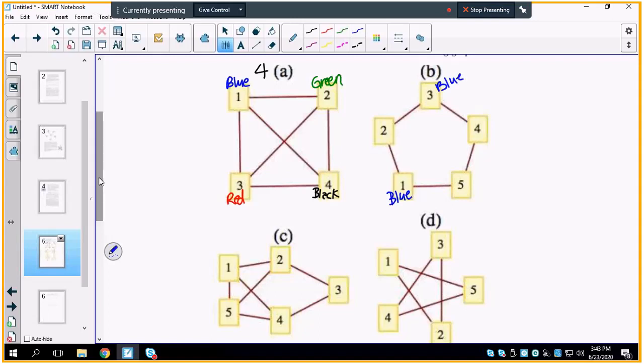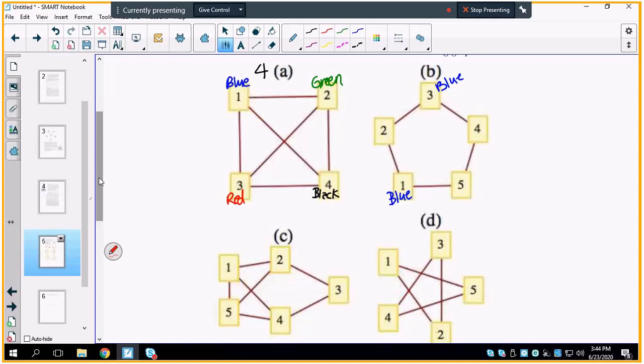And I could carry on. I have to skip 4, but could I do 5? Well, I can't because unfortunately I'm back to being neighbors with 1 and 1 is blue. So 5 can't be blue because it's got an edge connecting to 1.